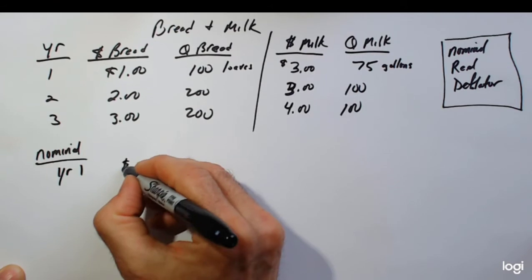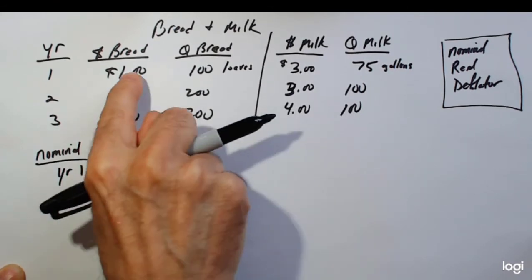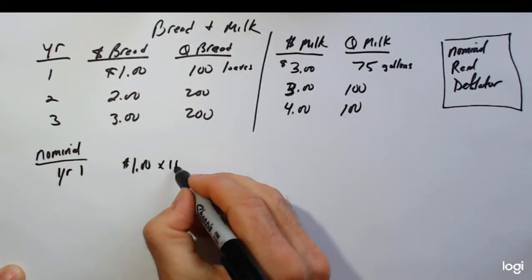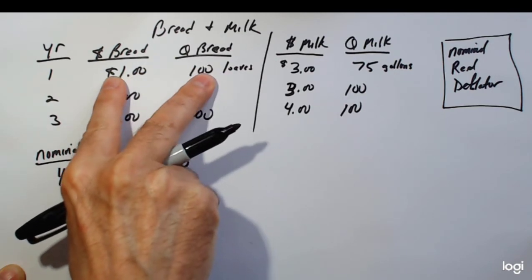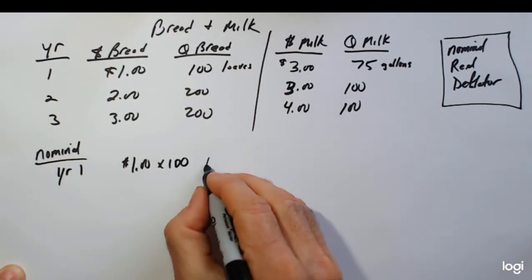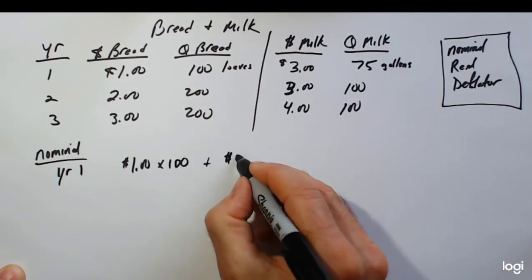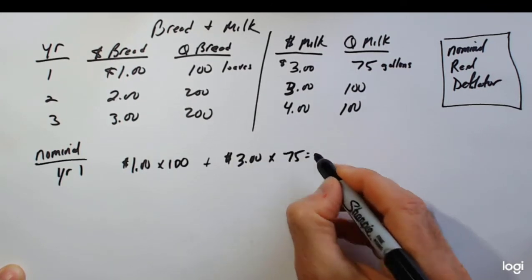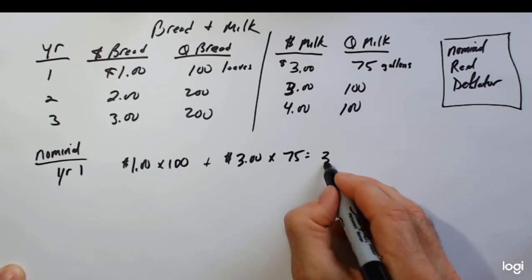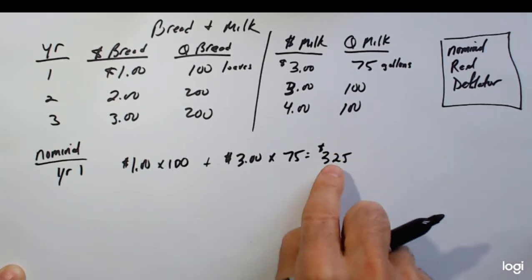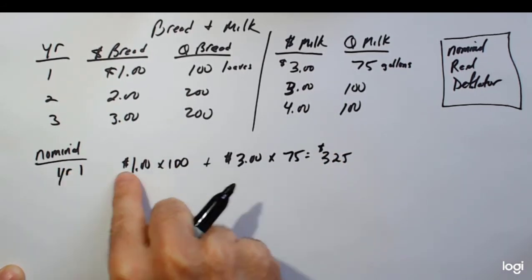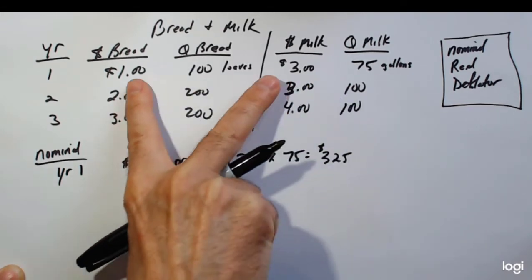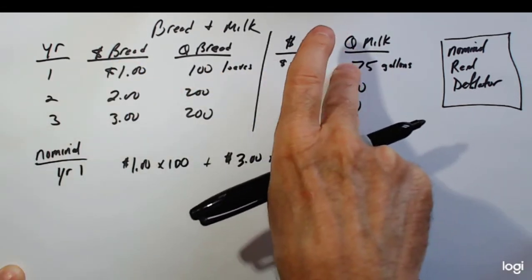It's going to be simple. It's going to be take the dollar, multiply it by 100 loaves. This is the value of bread that was produced in year 1. And we're going to add it to the value of milk produced in year 1, and we have $325. That's nominal GDP in year 1, based on the current prices associated with year 1.